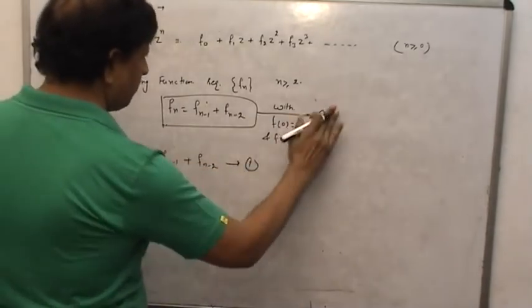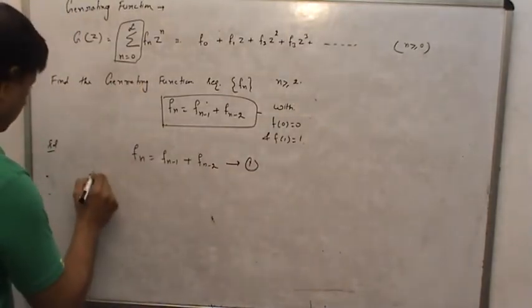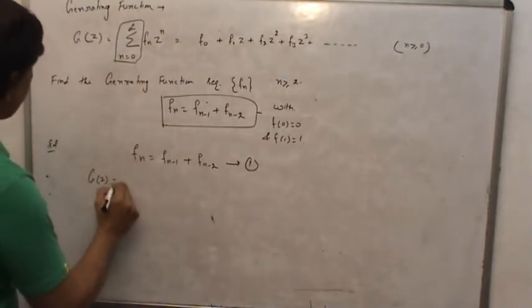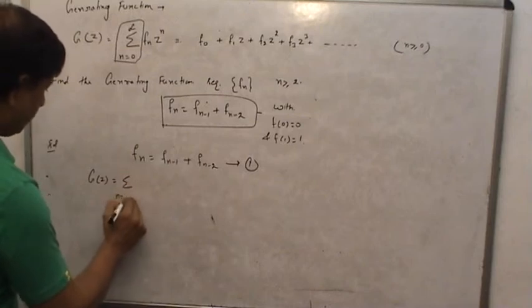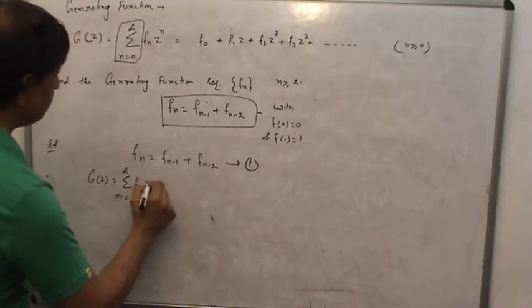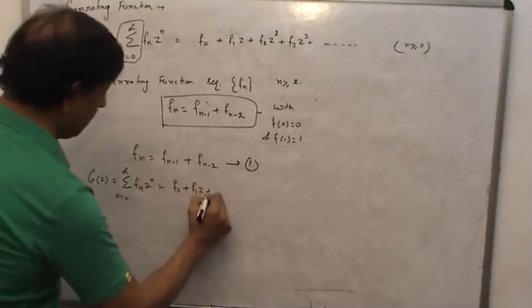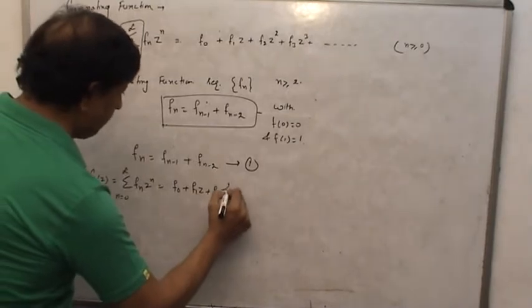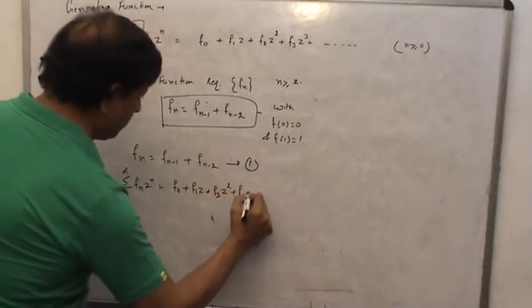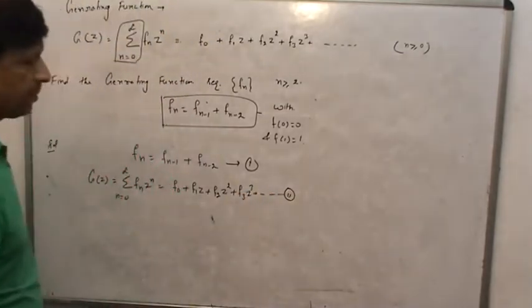We take it as number 1. Then write the generating function G(z) is equal to sigma n varies from 0 to infinity f_n z^n, is equal to f0 plus f1 z plus f2 z square plus f3 z cube plus so on. And we say it is number 2.